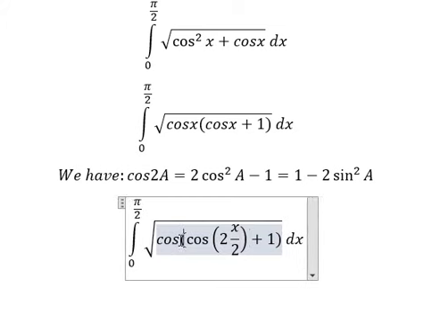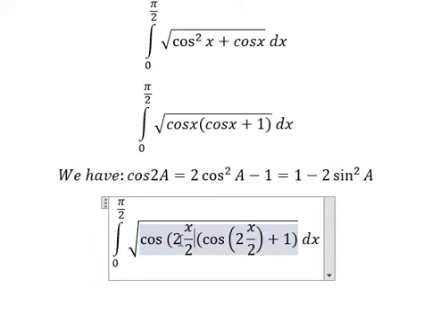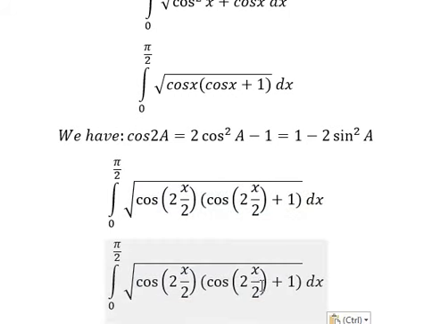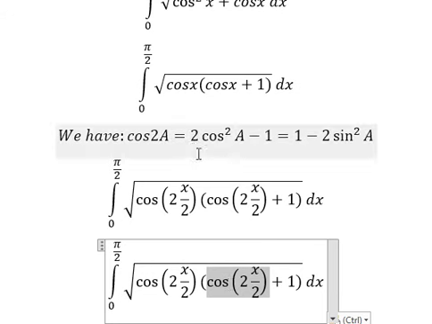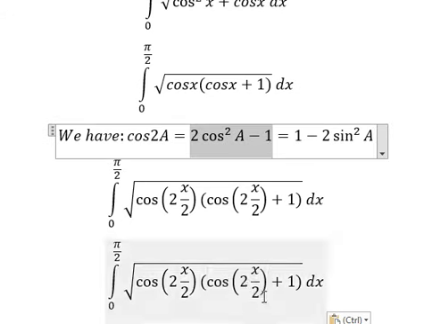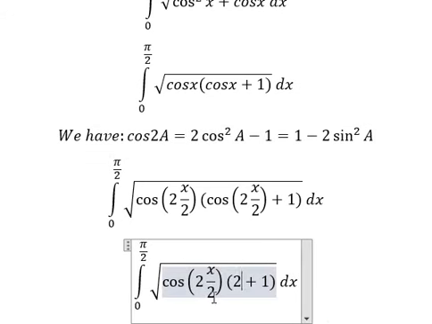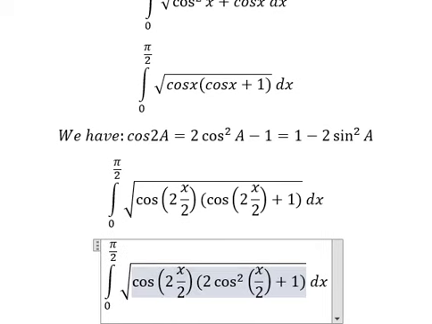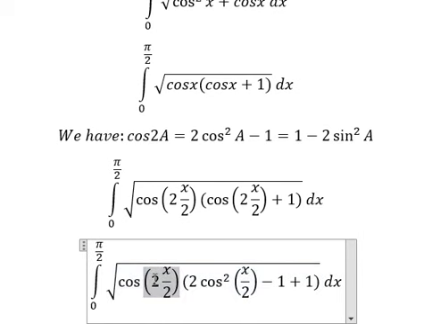Similar for this one. So this one we change by this one, and this one we change by this one.